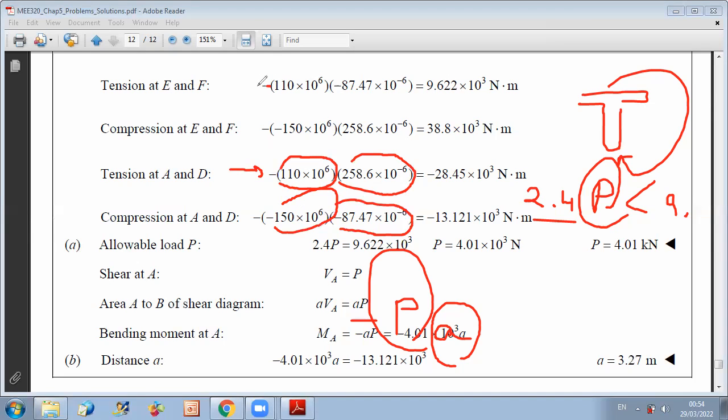For the positive moment, you could predict it because you have a smaller allowable tension compared to compression, and also I over Y is smaller because you have larger C. Here you cannot know, because 110 is smaller than 150, but 258.6 is larger than 87.47. So to know which one is more critical, you should do both calculations and then select the minimum. The minimum is this one.